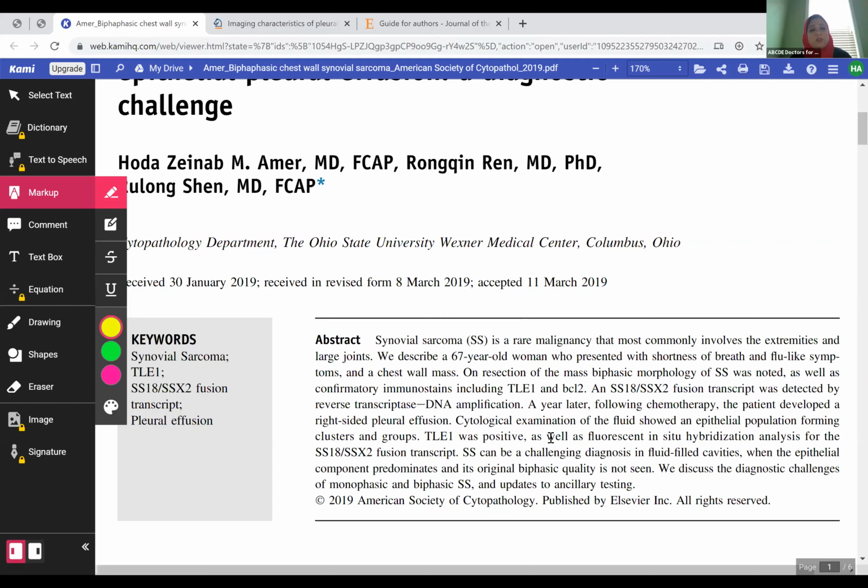Could be somebody who works with pleural effusions a lot and wants to understand why it's challenging in soft tissue metastases. It can also be somebody who's interested in being up to date on ancillary testing. And it might be somebody who just basically wants to know what a biphasic synovial sarcoma looks like in the cytology or anywhere else.